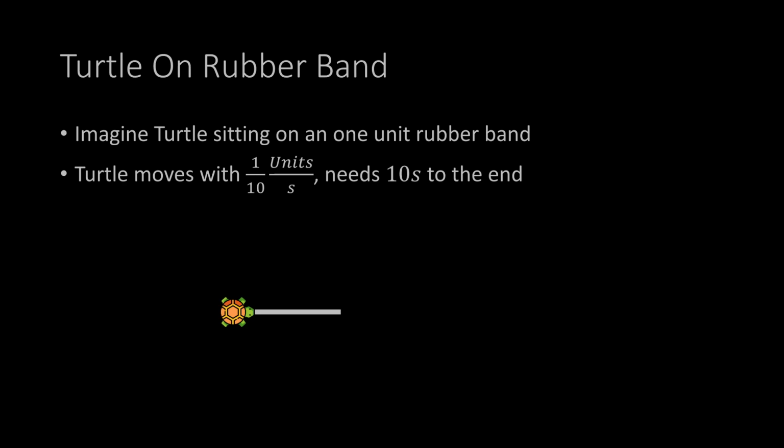So we have again a turtle, but no more rabbit. We imagine the turtle sitting on a 1 unit long rubber band, and it moves with 1/10 of a unit per second. So obviously it needs 10 seconds to the end. So I force you now to wait 10 seconds until the turtle made it.